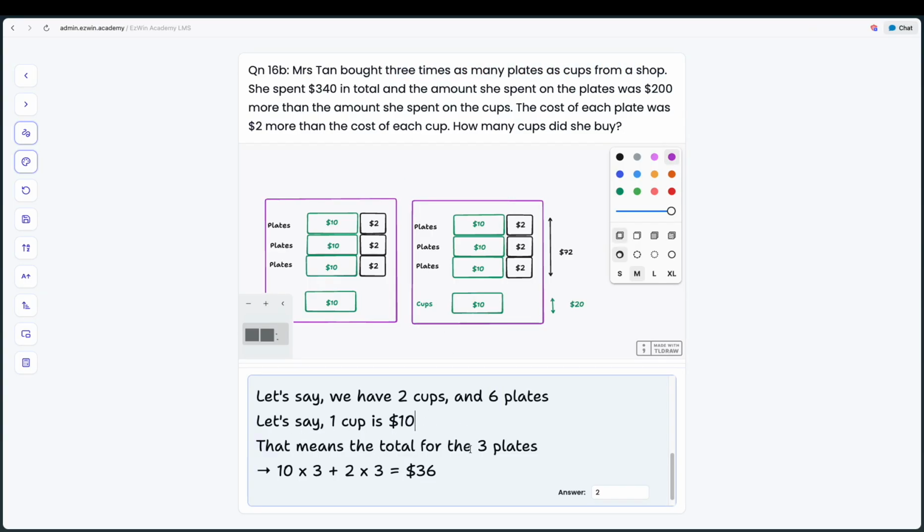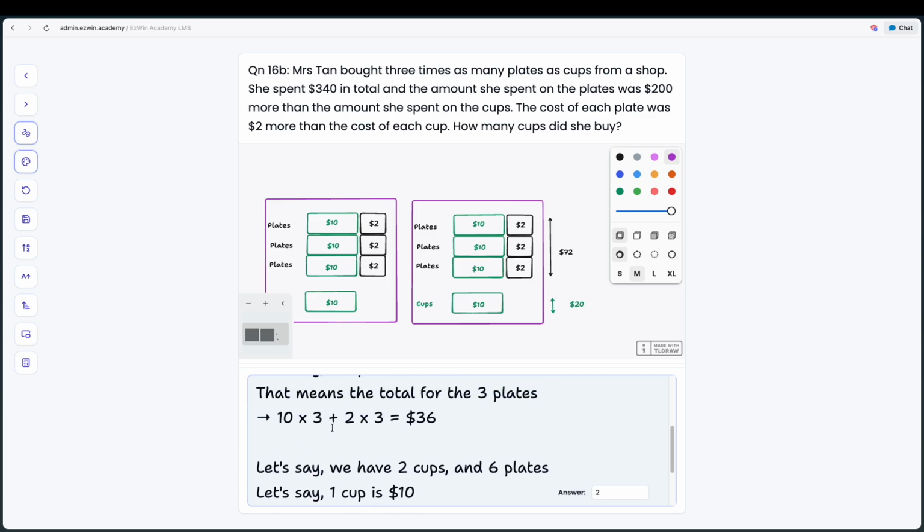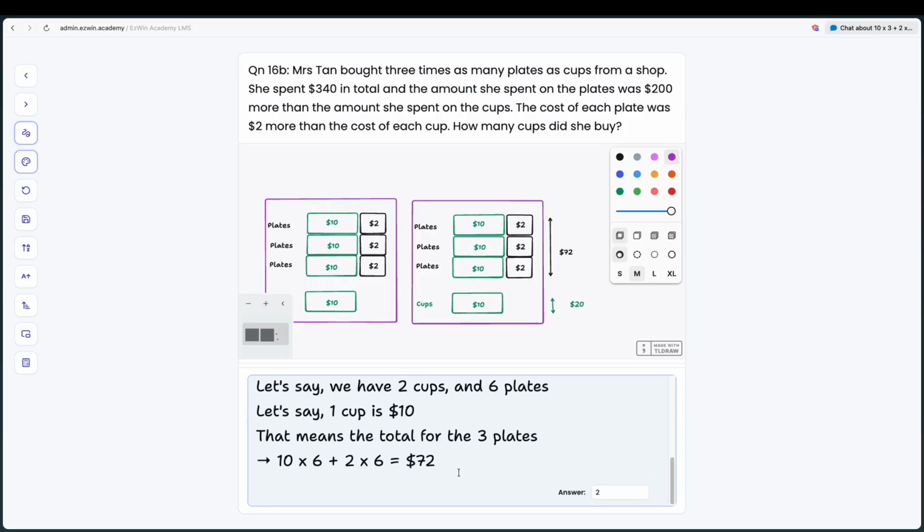So 1 cup, total for 3 plates is, instead of 10 times 3, this will be 10 times 6, 2 times 6, and this will give us $72. From 36 to 72, we get 10 times 3 plus 2 times 3, right? So 72 over here as well.